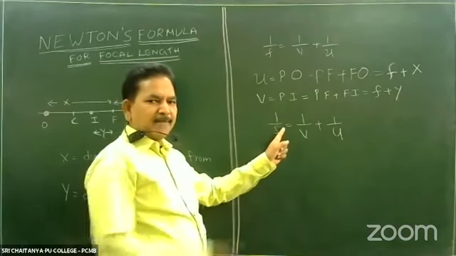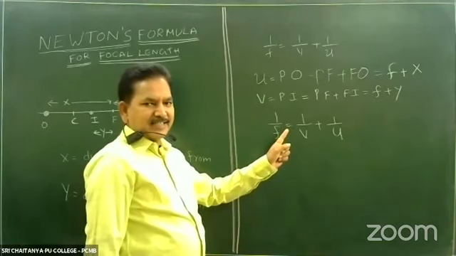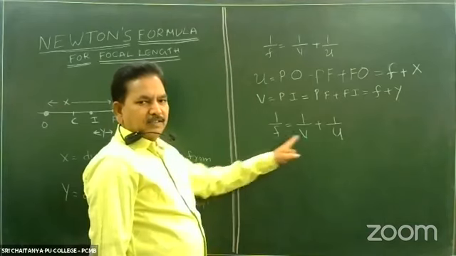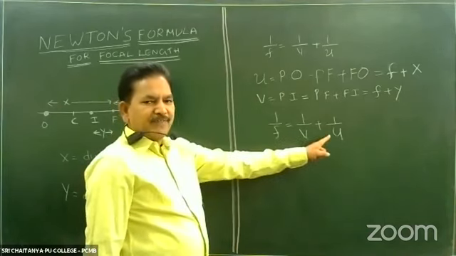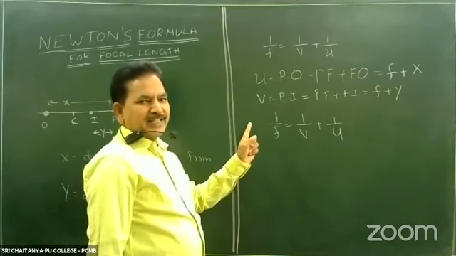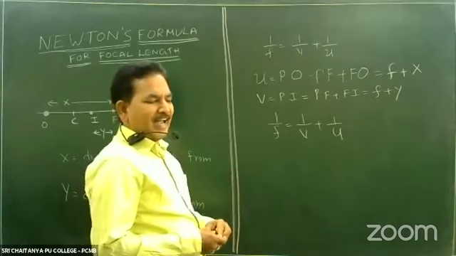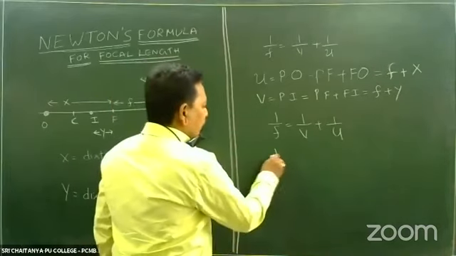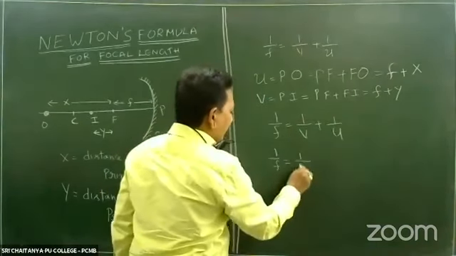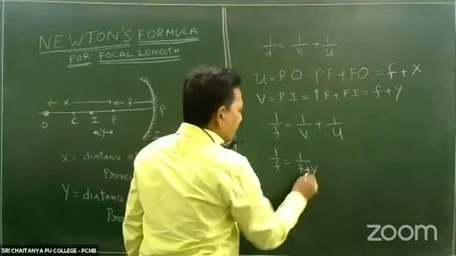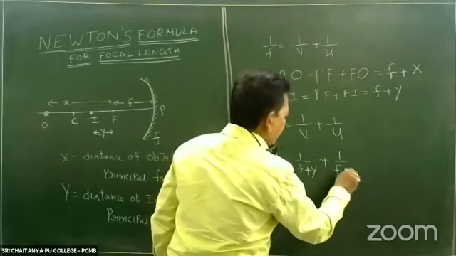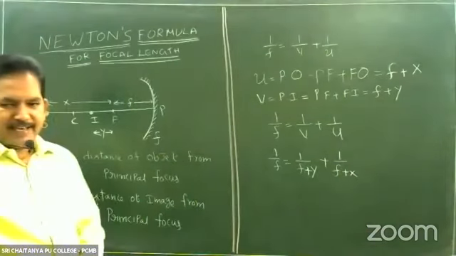If we take minus common, minus minus cancels. For a concave mirror, the u value is negative, and the v value for real images is negative. f for minus can be taken out as common, minus minus cancels, and we substitute directly. 1 by f is equal to 1 by (f plus y) plus 1 by (f plus x).